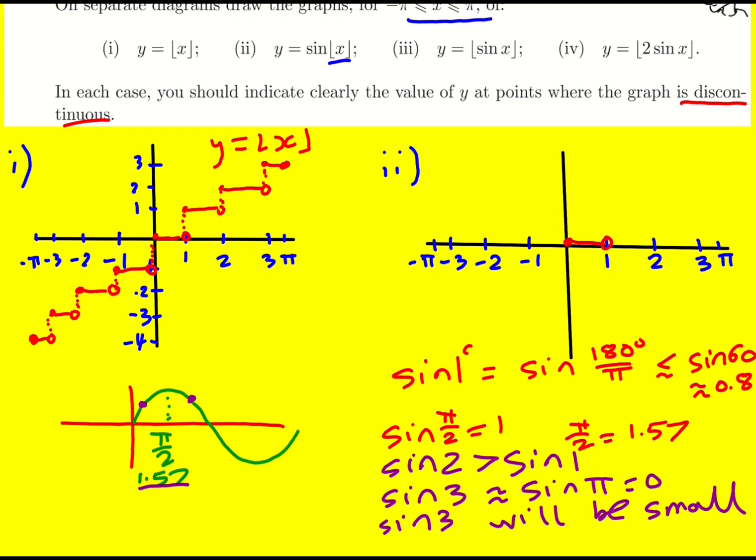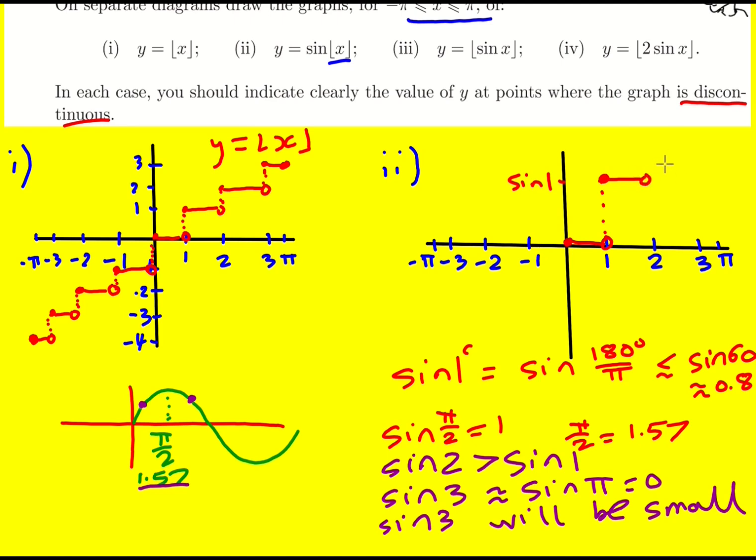I think we can make a pretty good sketch for the positives. We'll look at the negatives in a minute. But we're going to get sine 1 is still going to be quite big, actually. So it's all relative now. I'm actually not going to write what value I think it is. I'm just going to say that this here is going to be sine 1. And it is going to jump up to that value and go along like this.